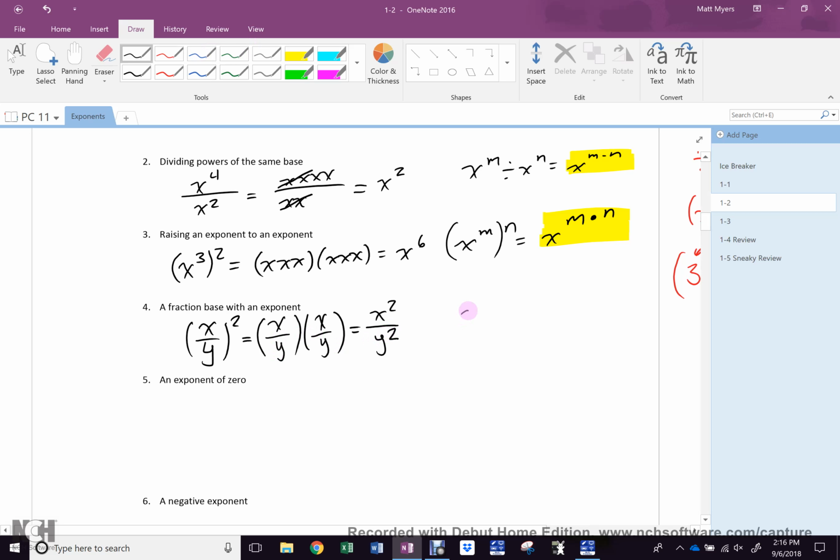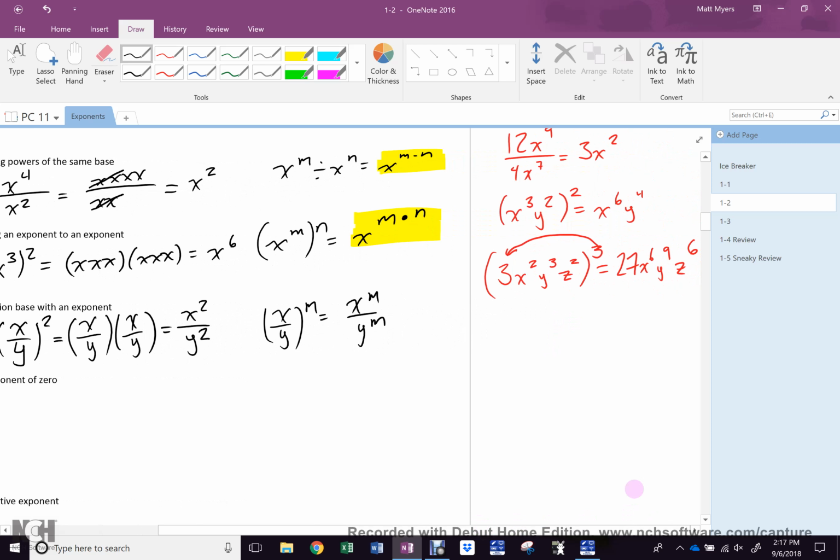So the rule is x over y to the m. The exponent goes everywhere. So I'm going to slide over here for a quick example. 3x squared over 2y, all squared.